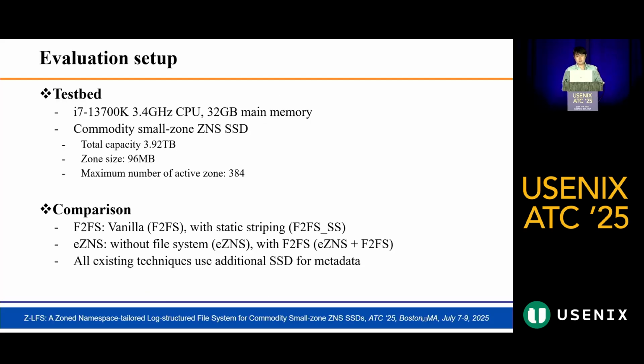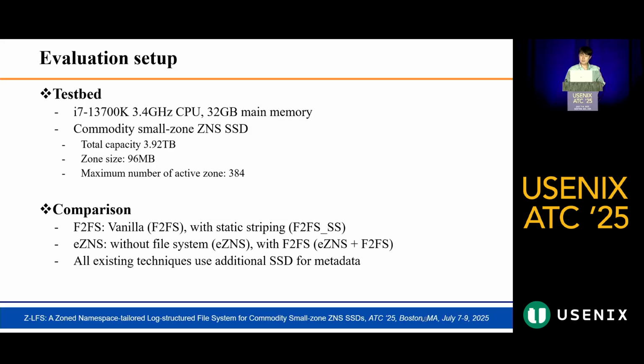For the evaluation, we used a commodity small zone ZNS SSD with 96 MB zone size. The maximum number of active zones is 384. We compared Z-LFS with vanilla F2FS and F2FS with static striping, where each log stream is allocated 64 active zones equally.